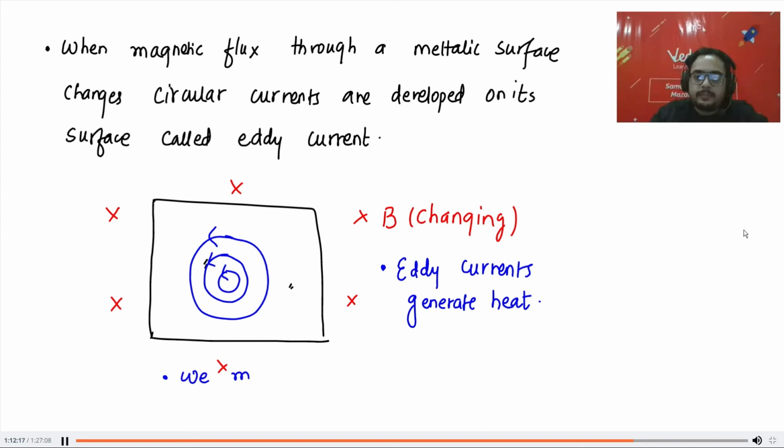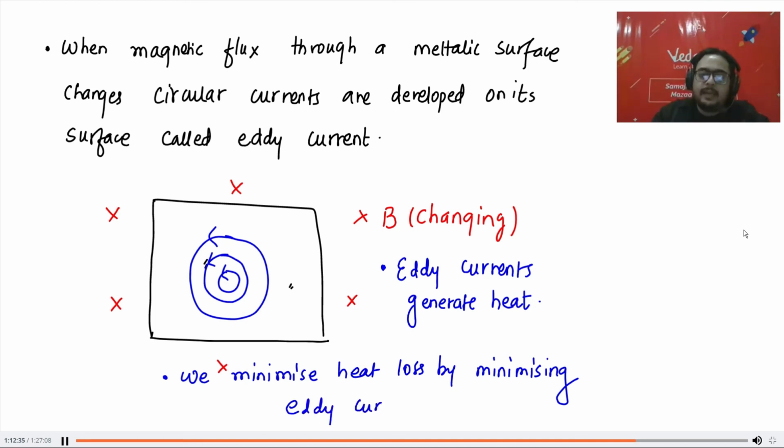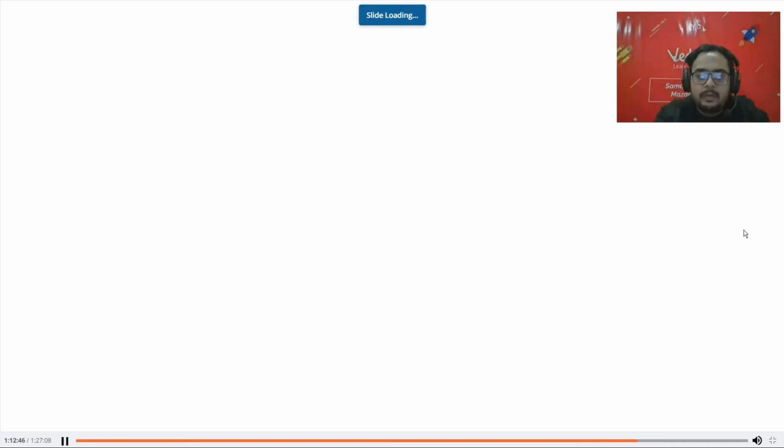So we minimize heat loss by minimizing eddy currents. Is that clear? So how can you minimize eddy currents?